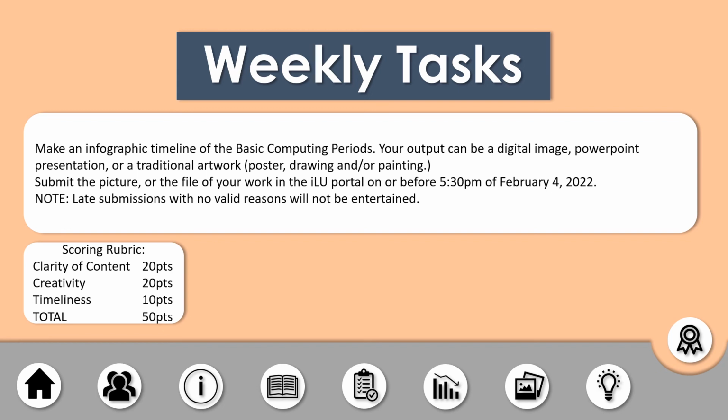Image editing yung gawin nyo to create your infographics. Then you can also use PowerPoint presentation or a traditional artwork. Kung walang magamit na tools sa computer or mas gamay nyo na gumamit ng traditional method. So you can make a traditional artwork such as poster, drawing, and or painting.